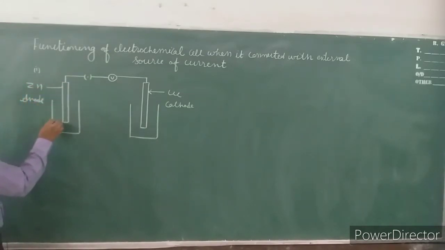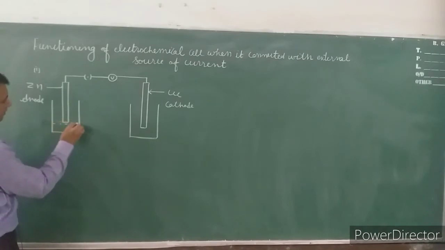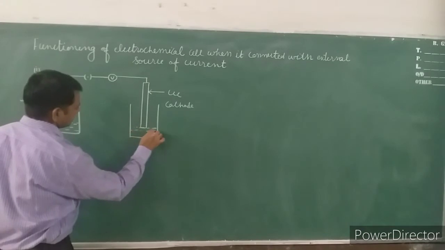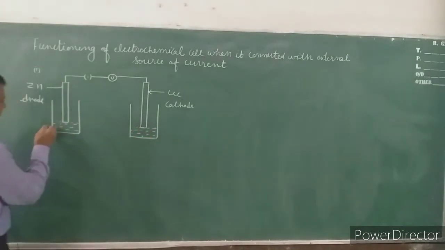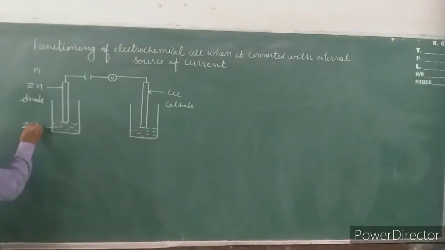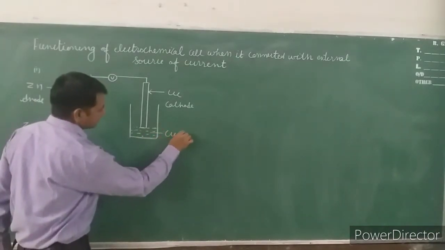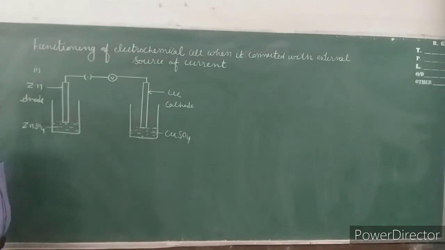And these two electrodes are dipped in an electrolytic solution. For the zinc electrode, the electrolytic solution is zinc sulfate, and for the copper electrode, the electrolytic solution is copper sulfate.